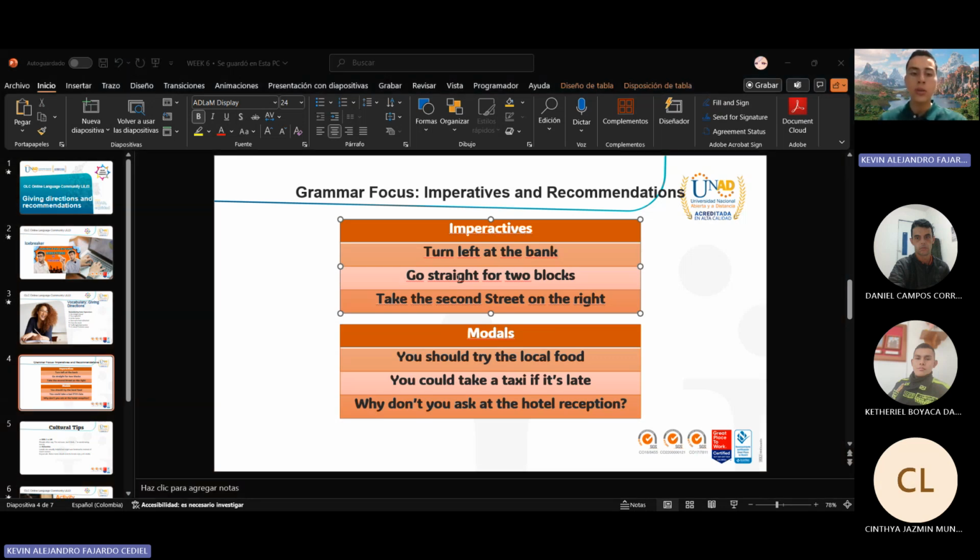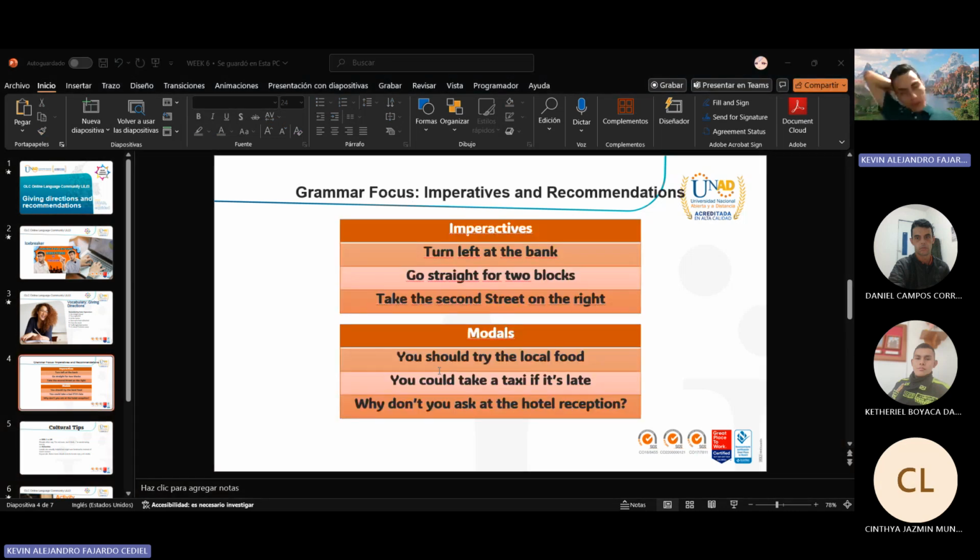You can also use the expressions that I gave you, but the focus is on the idea that imperatives are commands, and you do not say the subject or the person. You don't say "you have to turn left." You say "turn left at the bank," because it's understood that you are giving the directions to them.